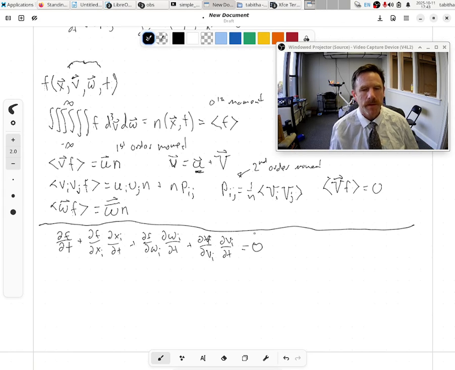And I'm using the subscript to indicate the component here.